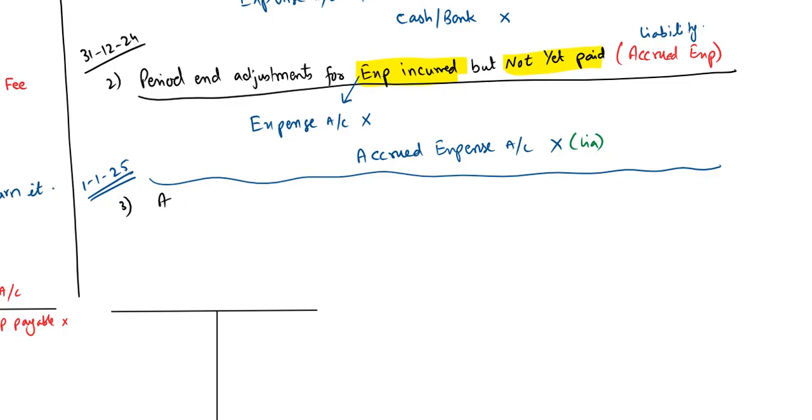So what entry will we pass at the start of the next accounting period? What adjustment will we make?